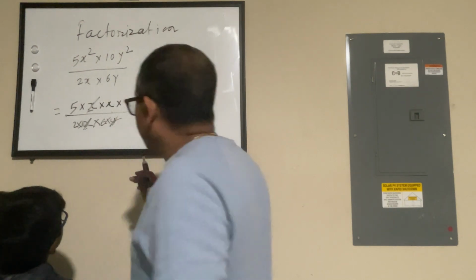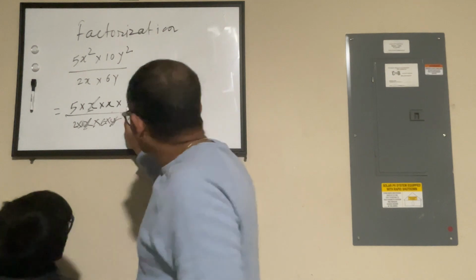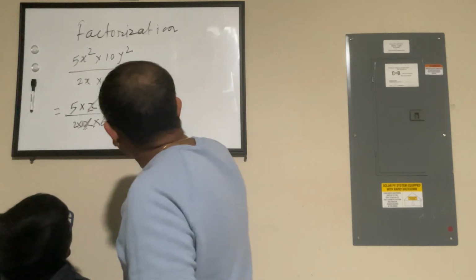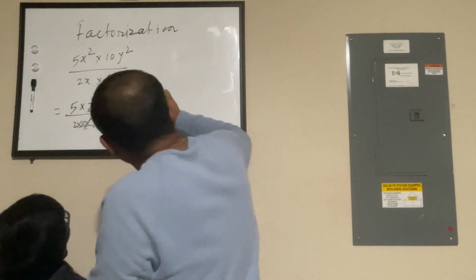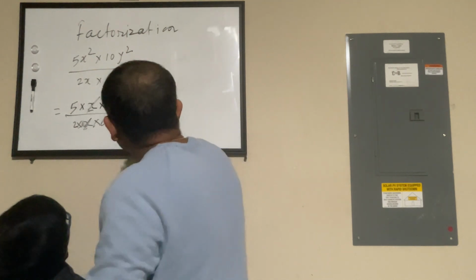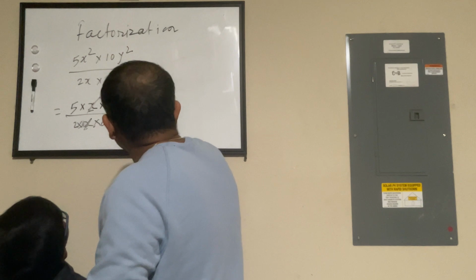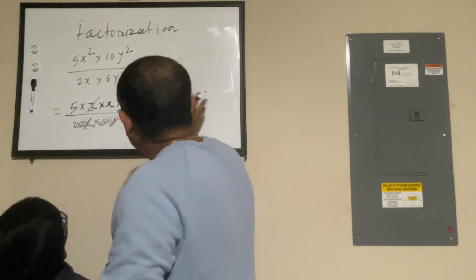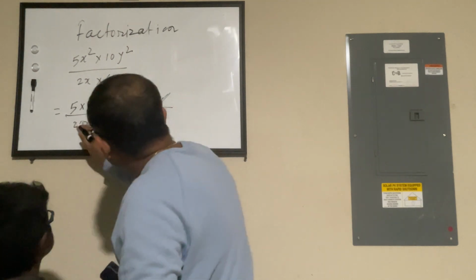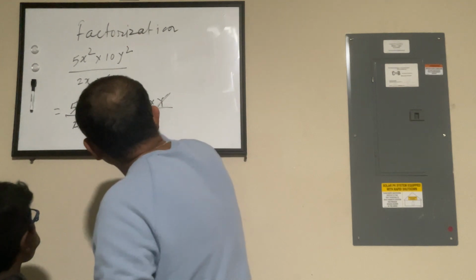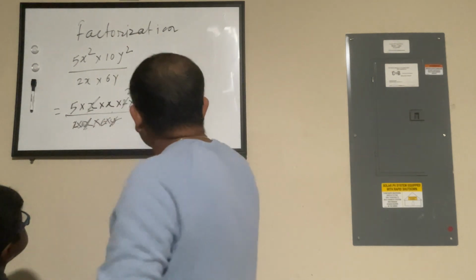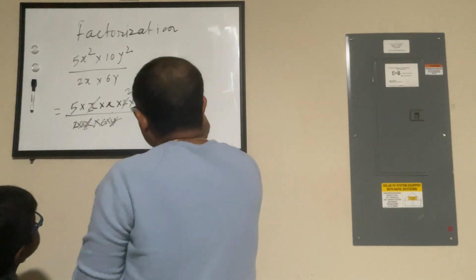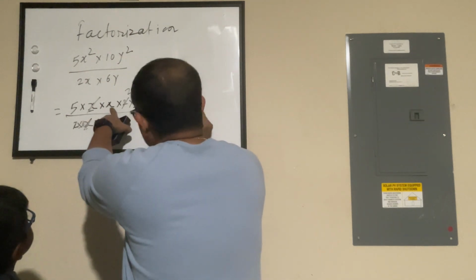Now, look at 10. This can be written as 2 into 5. So I can write this as 2 into 5, and y also remains as is. So this 2 is also gone. Now what all is left? 5 is left. X is also left.